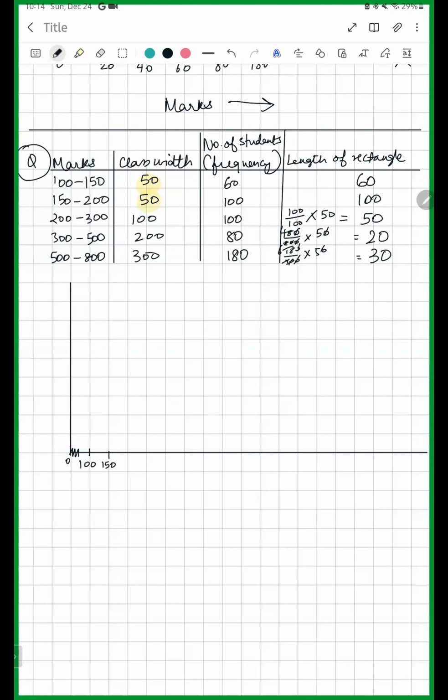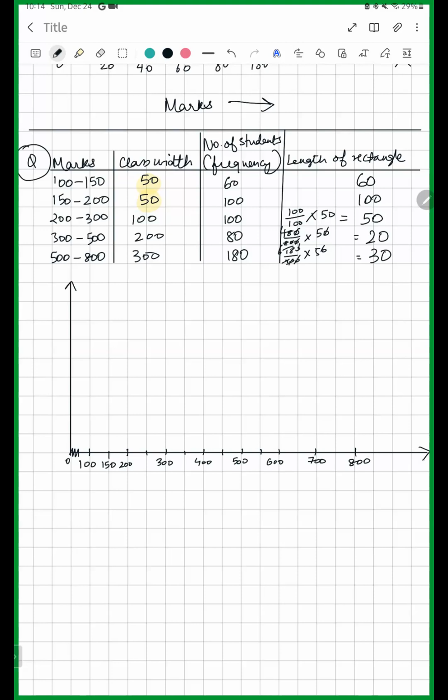So we have to make a jagged line. 200, 250, 300, 350, 400, 450, 500, 550, 600, 700, and 800.